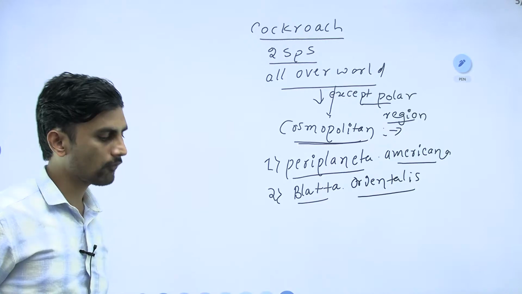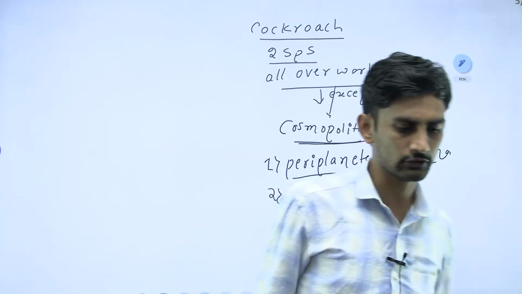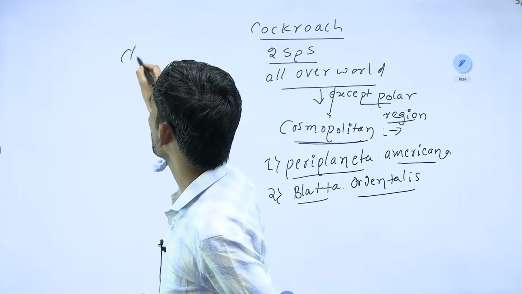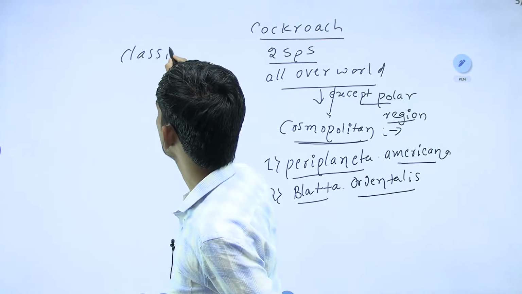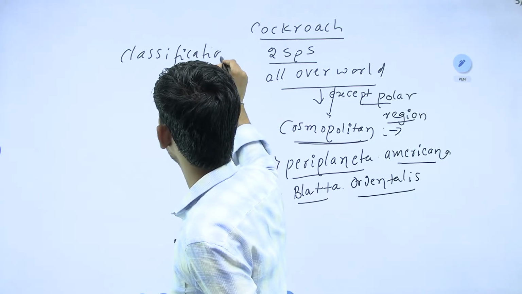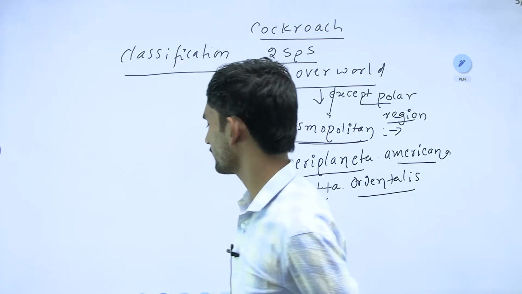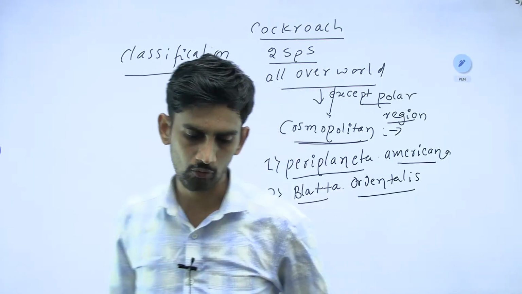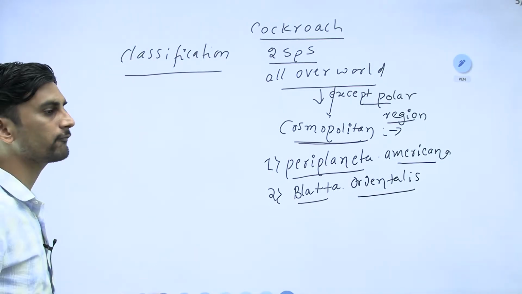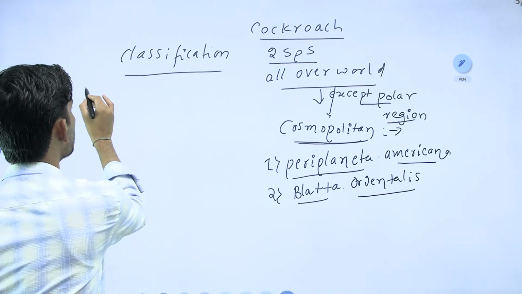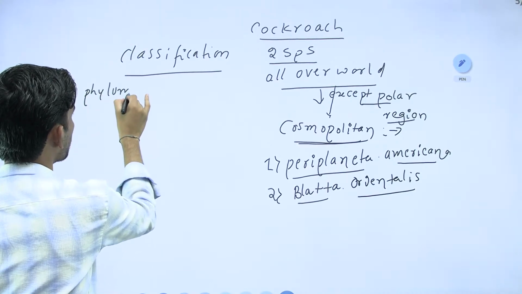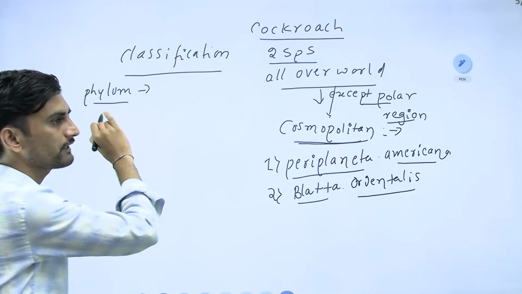Next, what about the classification of these animals? Take down the heading, classification of cockroach. In general, commonly called cockroaches. At least you have to remember in which phylum these animals belong.